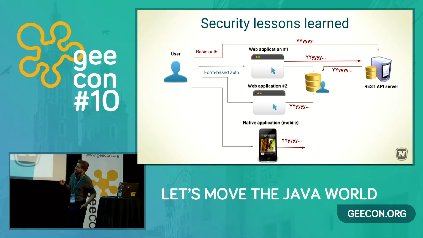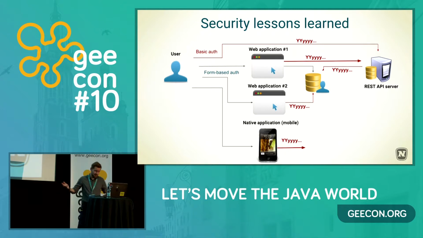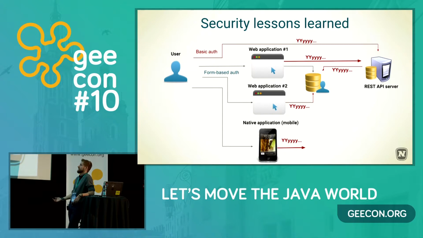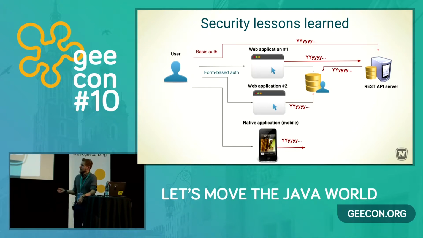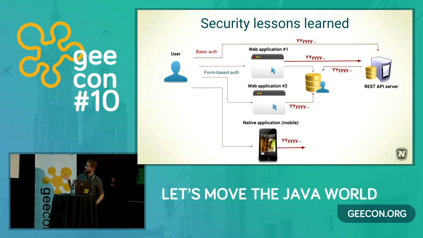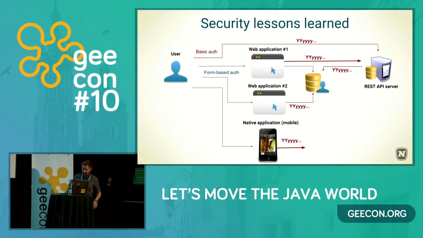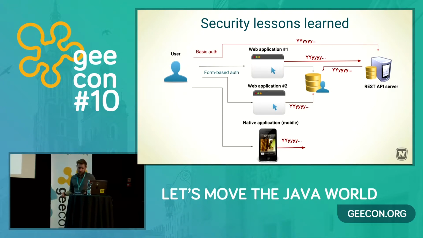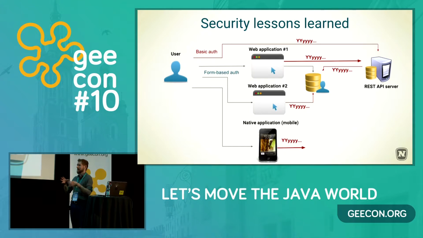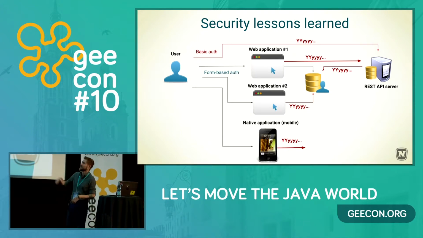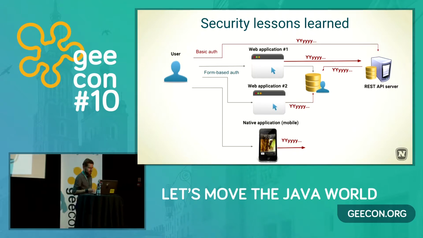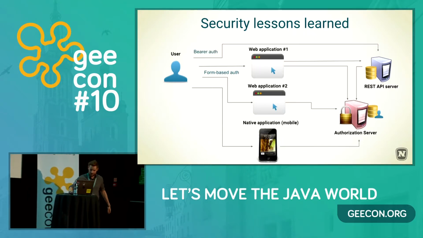So in this manner, we were forced to implement the authorization service anyway. And again, what we didn't like is that web application number one uses the REST API in an unprotected manner, and that we currently have a bunch of different authentication mechanisms. We're using basic auth, form-based auth, and so on and so on. We want to address it somehow.